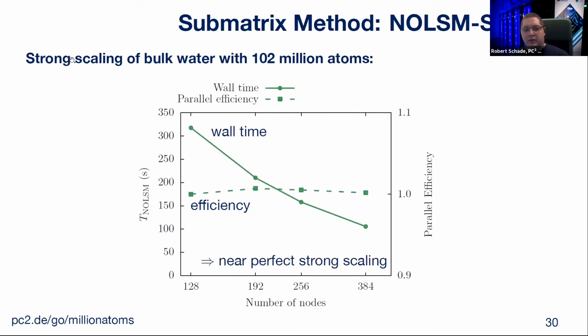Here we have a strong scaling result now for 102 million atoms, scaling from 128 nodes to 384 nodes. On the one hand, you see the wall time here, but more importantly, you see the efficiency, which is very close to 1 and very flat, which also shows you that this method can achieve near perfect strong scaling to thousands of GPUs.